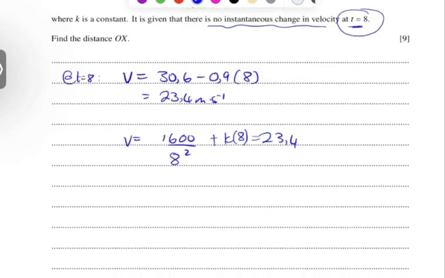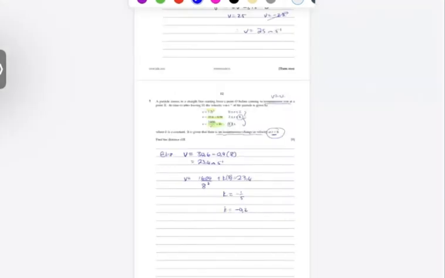So I can solve for k. 23.4 minus, divided by 8. So my k is minus 1 over 5, or minus 0.2. At the moment I'm just solving unknowns here, minus 0.2.